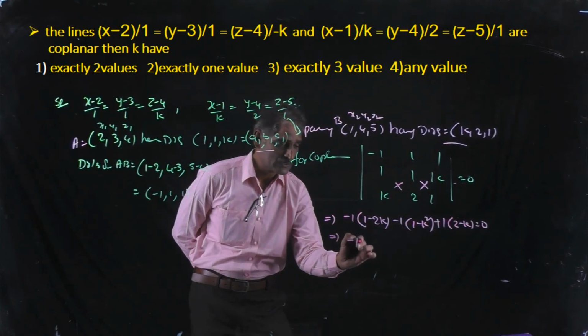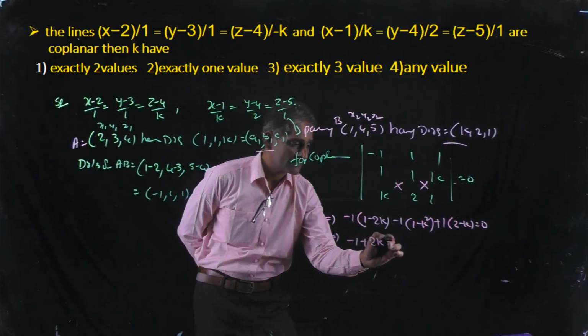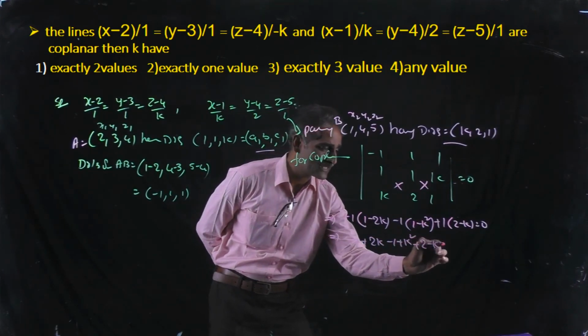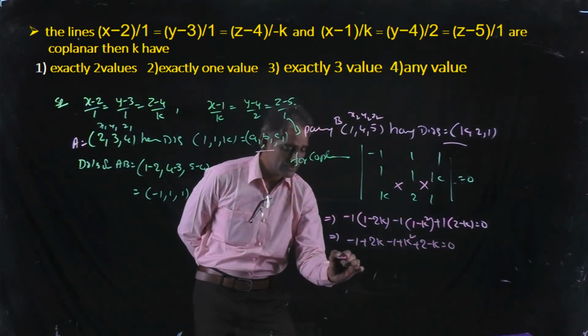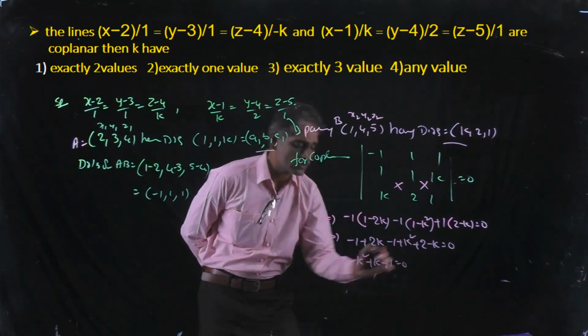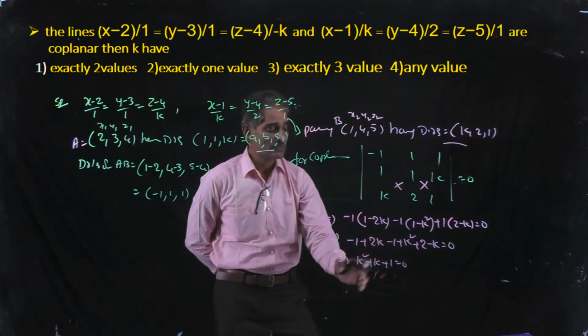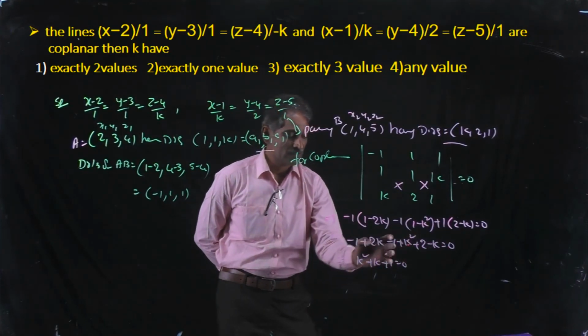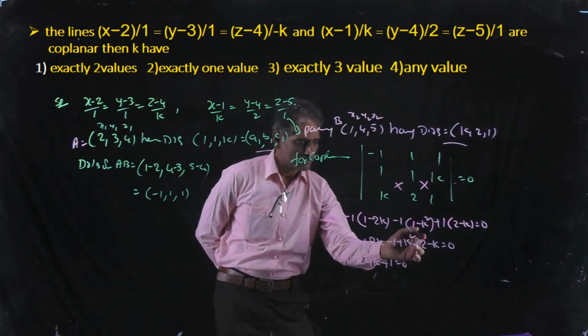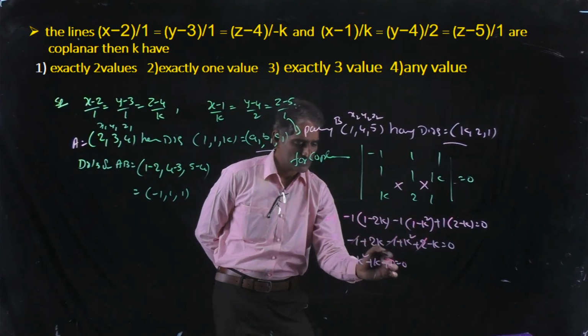Therefore, minus 1 plus 2k minus 1 plus k square plus 2 minus k equal to 0. Therefore, k square plus k equal to 0, since minus 1 minus 1 and plus 2 get cancelled. Therefore, this is equal to 0.